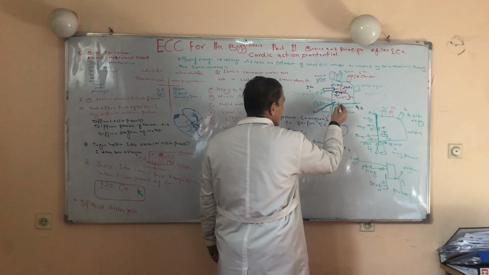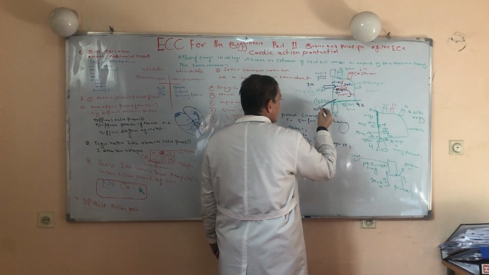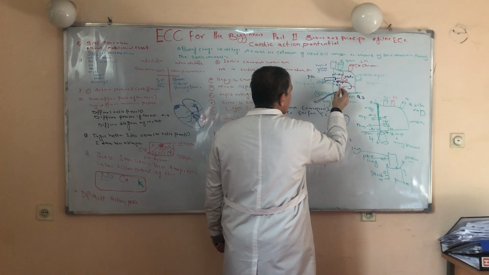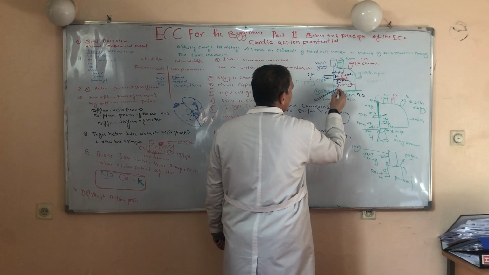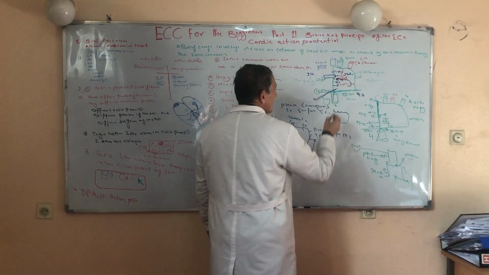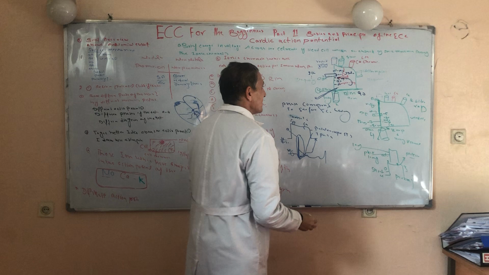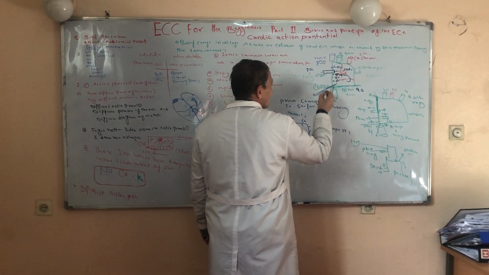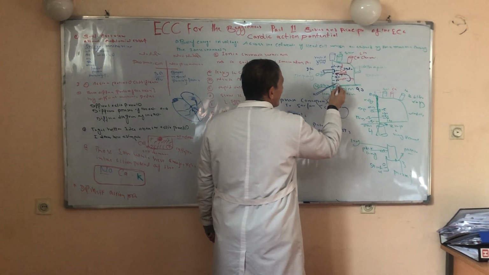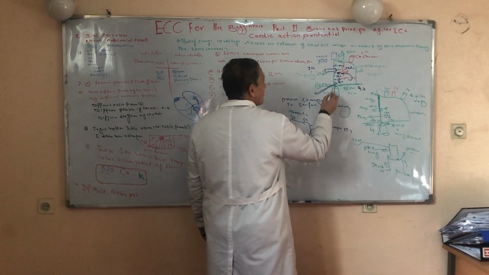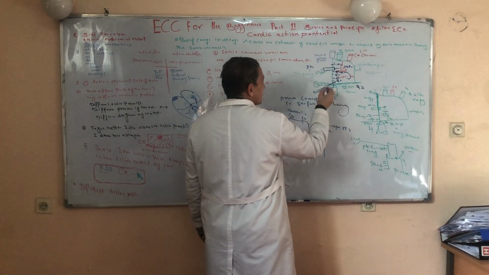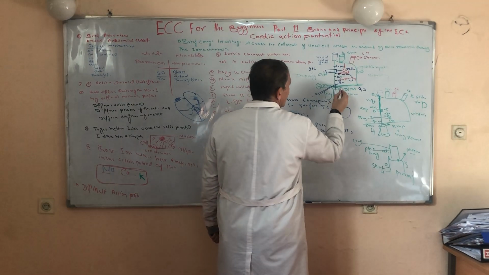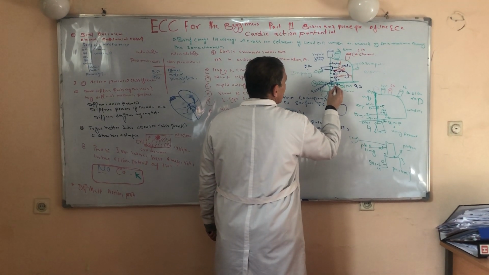Still the potassium is leaking from inside the cell to the outside, and this minus 30 becomes minus 60. And finally, this minus 60, still the potassium is leaking from inside the cell, comes to minus 80. And finally, potassium moving from inside the cell to the outside produces a minus 90 millivolts.